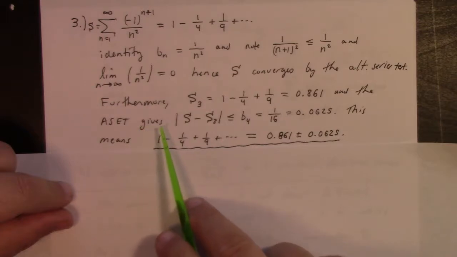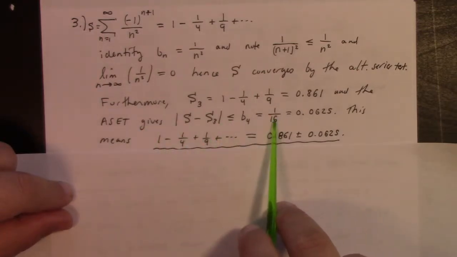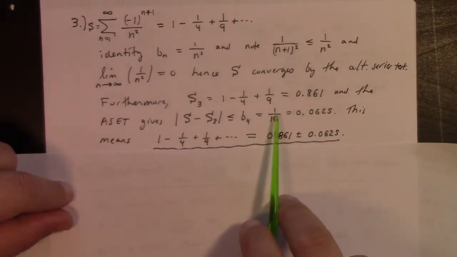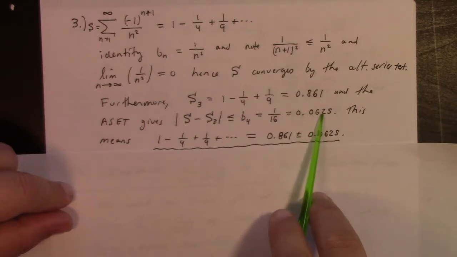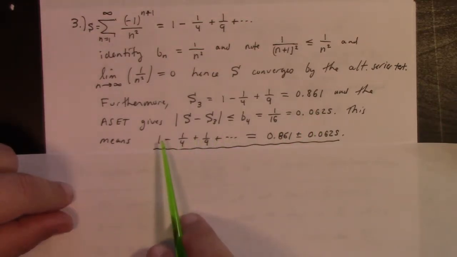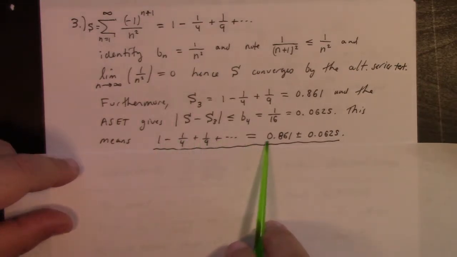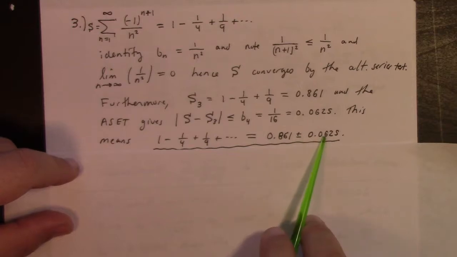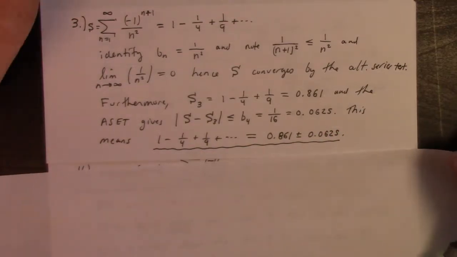And the alternating series estimation test says that that is within 1/16 of the true answer, whatever that is. 0.0625 is the error. So this means that we can say that the p equals 2 series is equal to 0.861 plus or minus 0.0625. That's what the alternating series estimation theorem gives us.